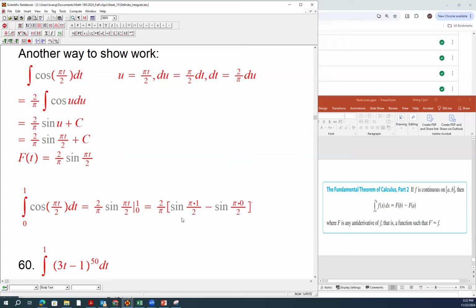So this is capital F of B minus capital F of A. So this is another way to show work.